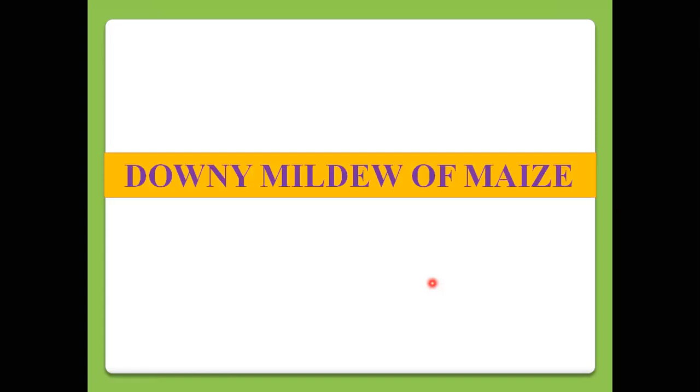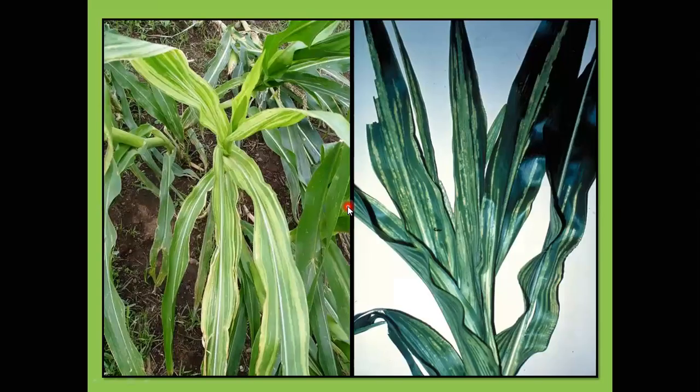Okay, now we go to the next disease, seen in maize, caused by Peronosclerospora, which produces downy mildew disease. This is the infected leaf of the maize plant.